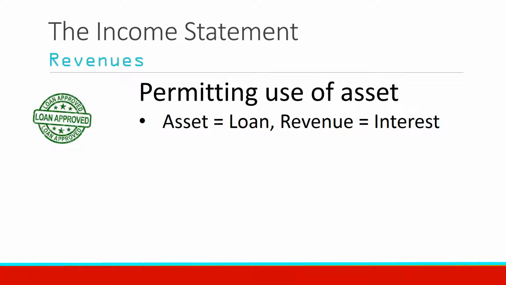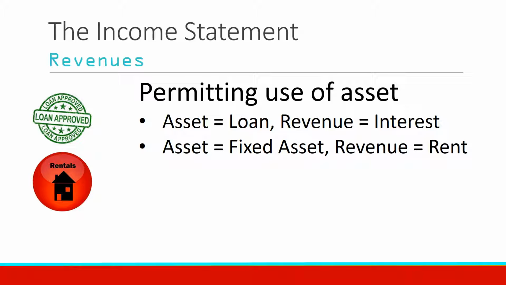Now we'll look at the kind of revenue that you can earn when you permit someone else to use your asset. So let me give you some examples. One example is a loan. You're lending out some of your money, that's the asset, and the revenue that you're earning in exchange is interest revenue. A second way you could permit someone to use your asset is to rent it out.